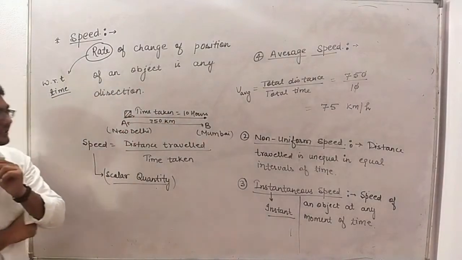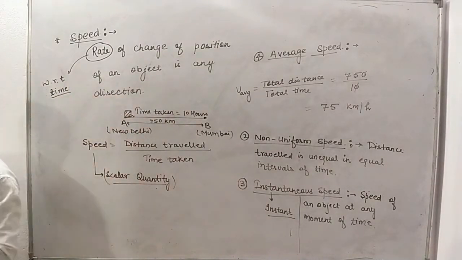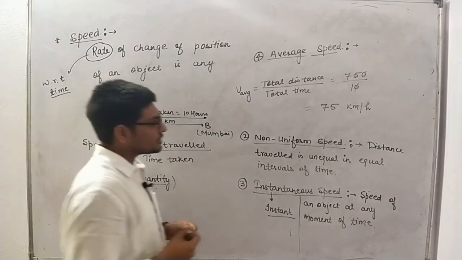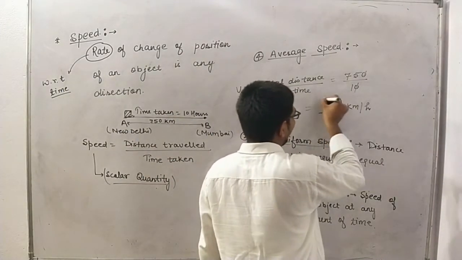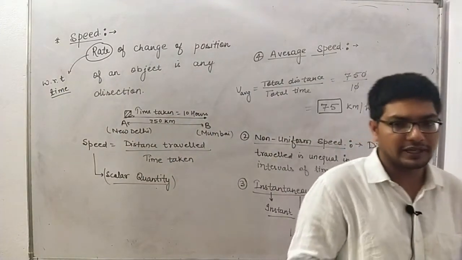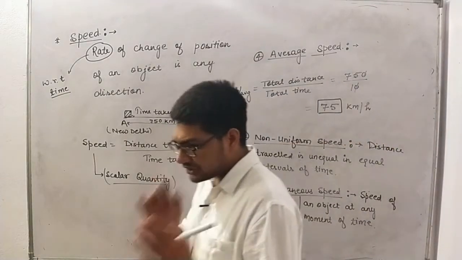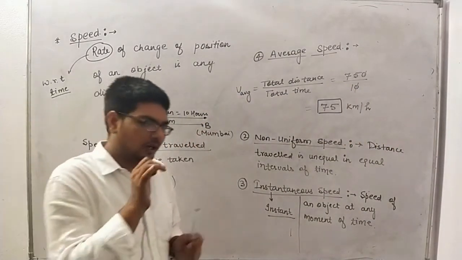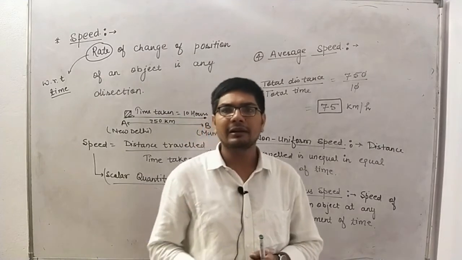the car is traveling a distance of 750 kilometers and is taking a time of 10 hours. In this duration, the speed of the car has been 75 kilometer per hour, but is the speed of the car always 75 kilometer per hour?